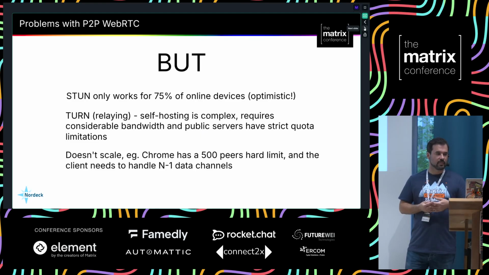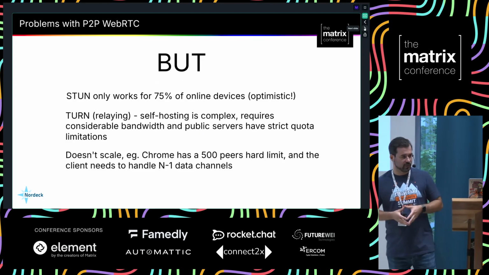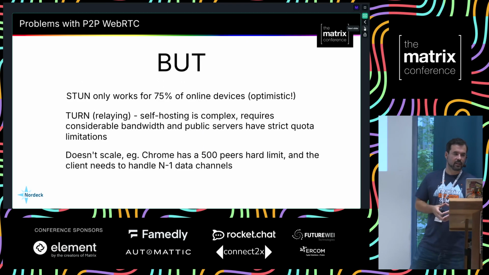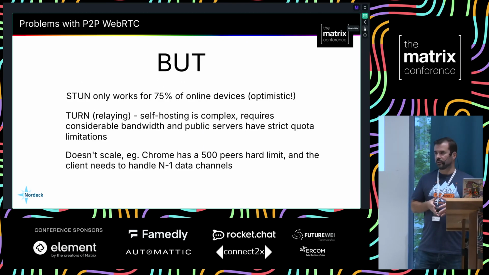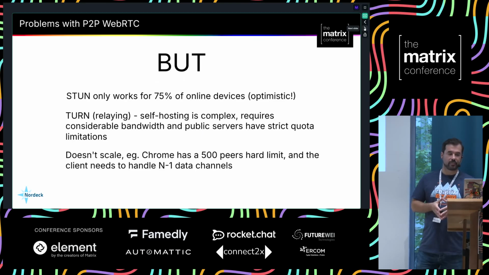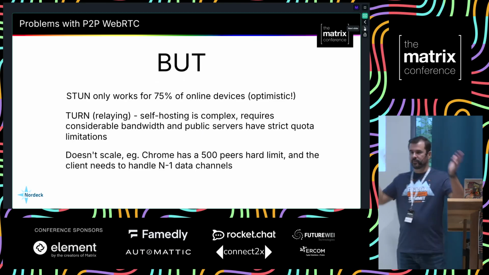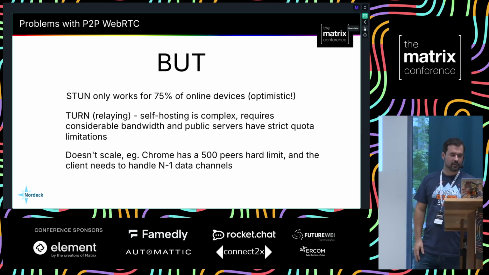You need considerable bandwidth, and if you use a public server, then it gets even more complicated with quota limitations. So it really doesn't scale up. Even Chrome as a browser has a 500 peers hard limit. And the client needs to handle this full mesh set of connections.